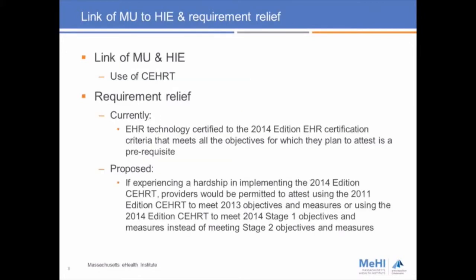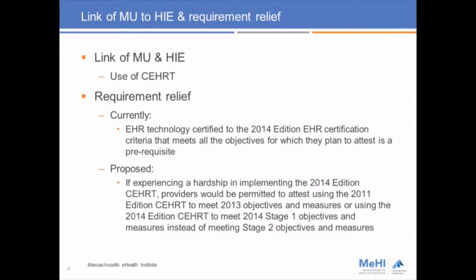So one of the things that came up this year, based on a lot of feedback from vendors and people in the field, IT folks, is that the ability to implement all of these new systems, especially the 2014 edition, was much more challenging than anticipated by CMS and ONC.